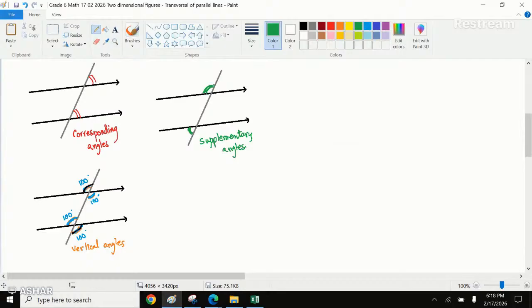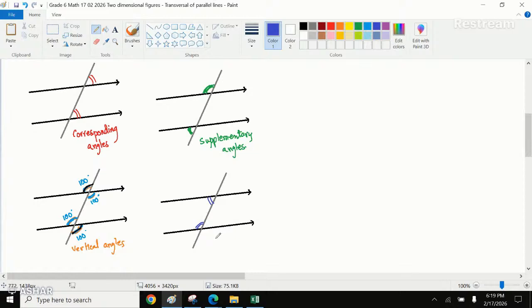Okay. Another case is if we have another pair of lines, if we are given two angles over here, let's suppose those two angles are this, and this, right?